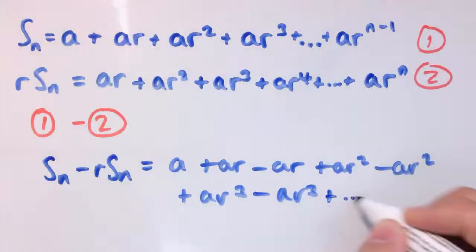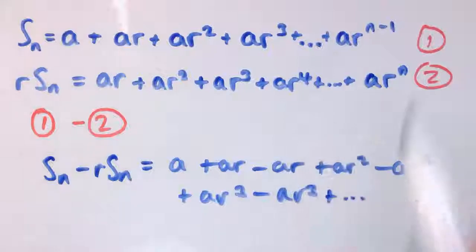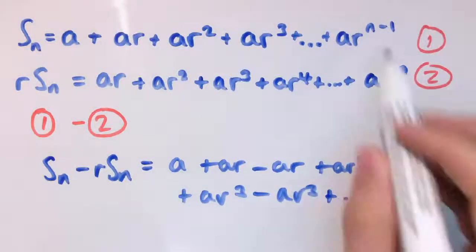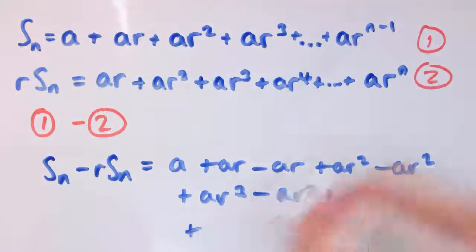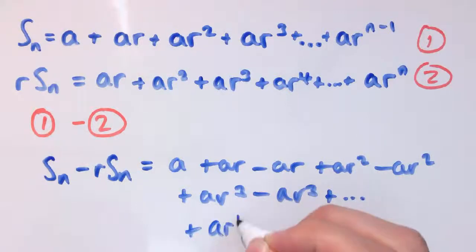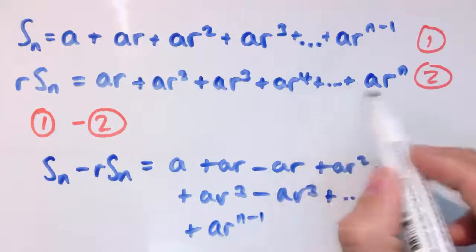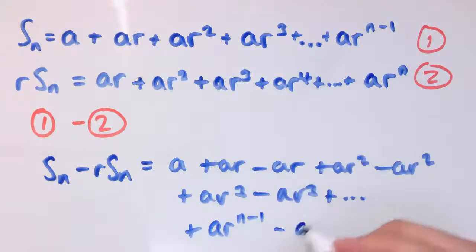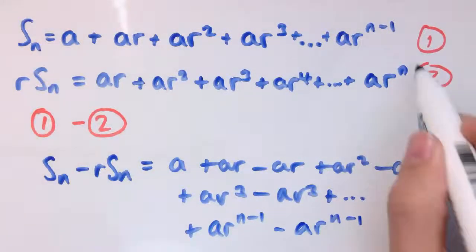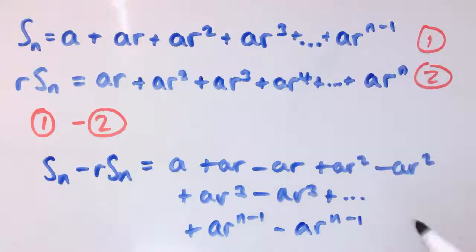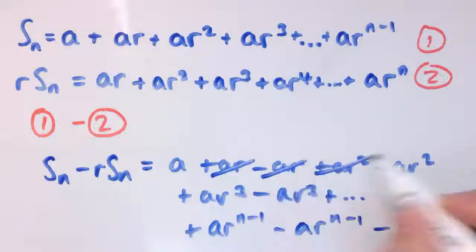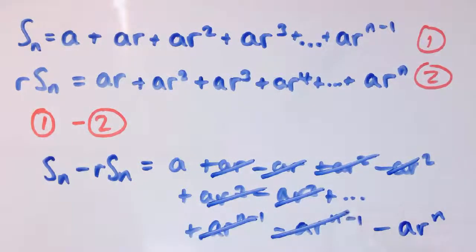We keep doing that until we get to the end. At the end I add ar to the n minus 1, and before the ar to the n term there would be an ar to the n minus 1 that we're subtracting, and at the end I've also got to subtract this term that doesn't cancel out with anything, minus ar to the n. So all of these have cancelled out, and I'm just left with a minus ar to the n.